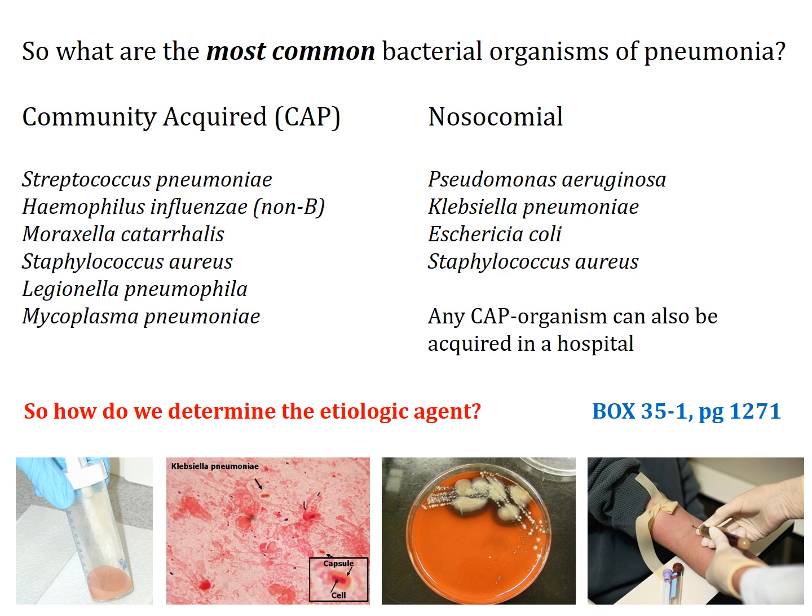Community acquired can also be due to Staphylococcus, Legionella, causing Legionnaire's disease, a specific type of bacterial pneumonia, and Mycoplasma pneumoniae, a unique organism which has a little bit different outer surface.